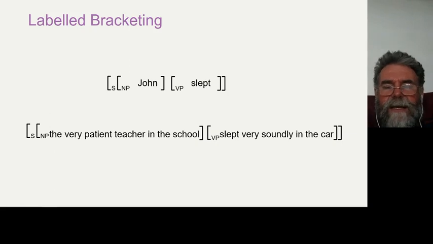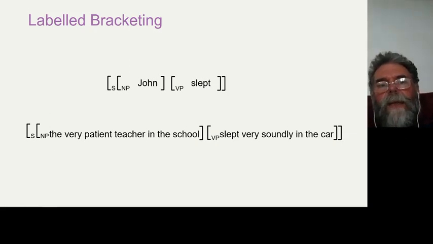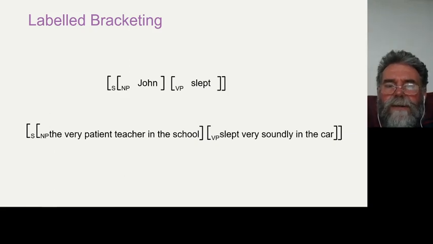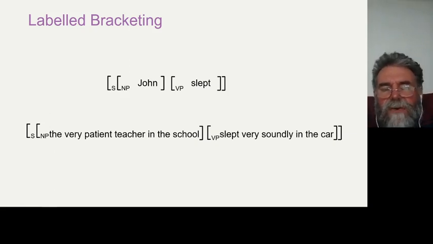And it's fairly easy to read that. So it depends on how much detail you want to put in, and if the detail isn't important, then a label bracketing can be fairly straightforward to use. If, on the other hand, you really need the detail, a label bracketing is going to be quite confusing, and a tree diagram would be the best way to go.